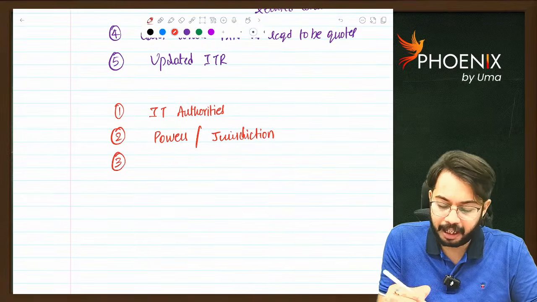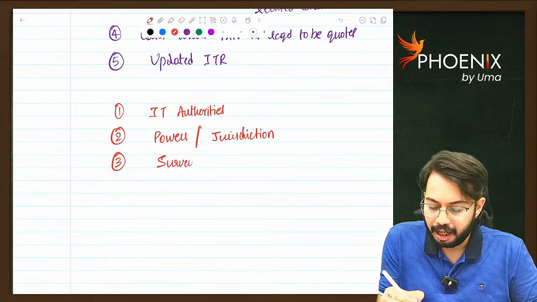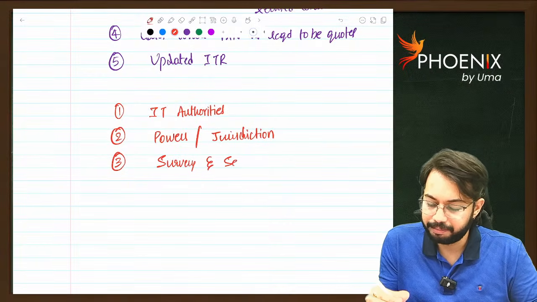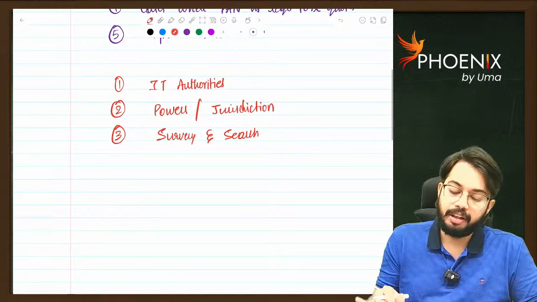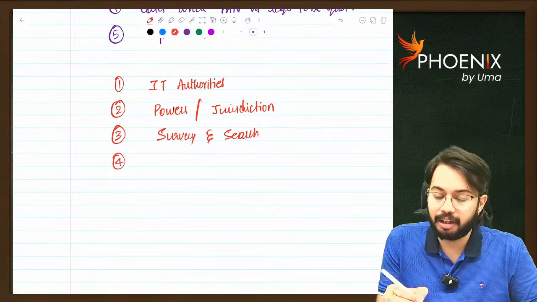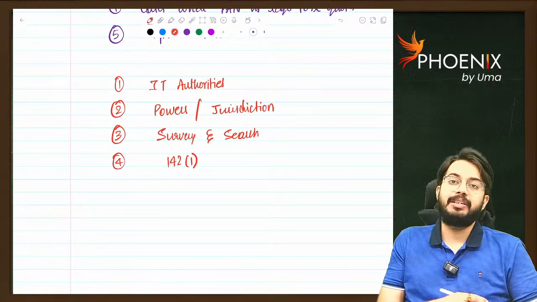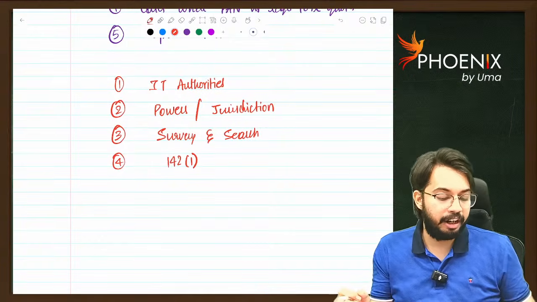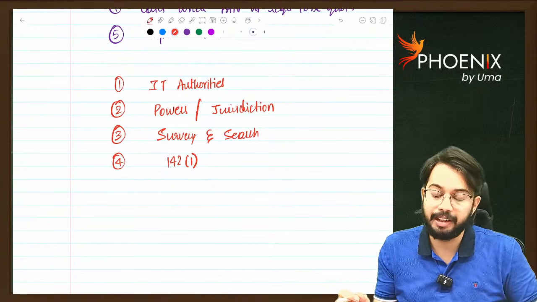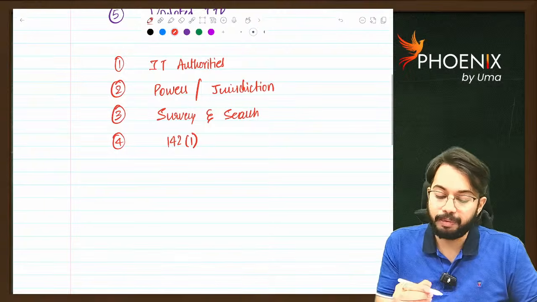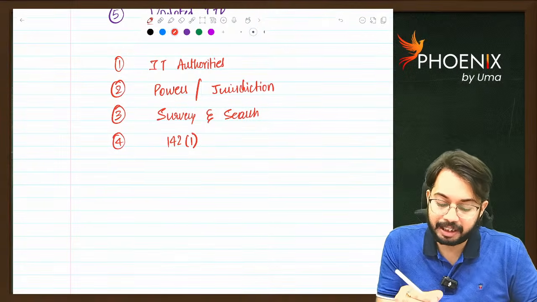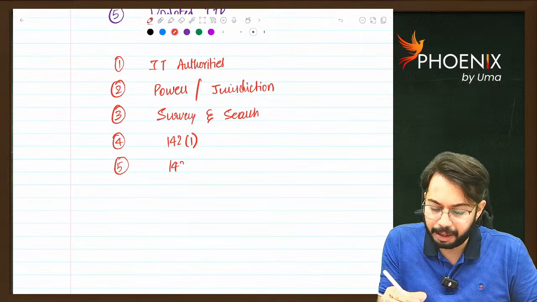Then I will explain survey and search provisions. Then I will explain to you section 142(1). That means the department can ask written information and accounts from the assessee. That I will discuss with you.